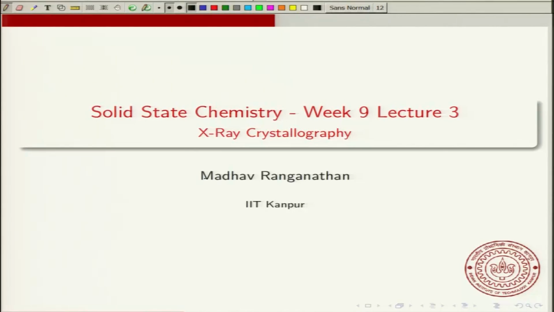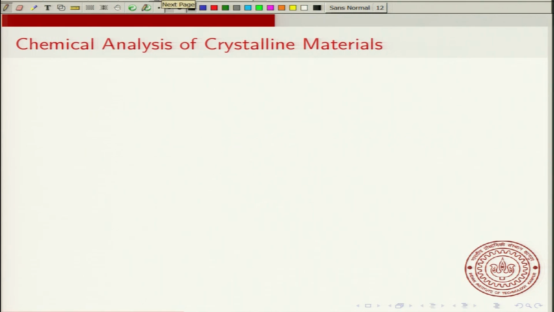So, week 9 lecture 3 will be about X-ray crystallography, and let me also mention that a lot of this is highly automated. So, I will just give a general overview of some of the concepts.